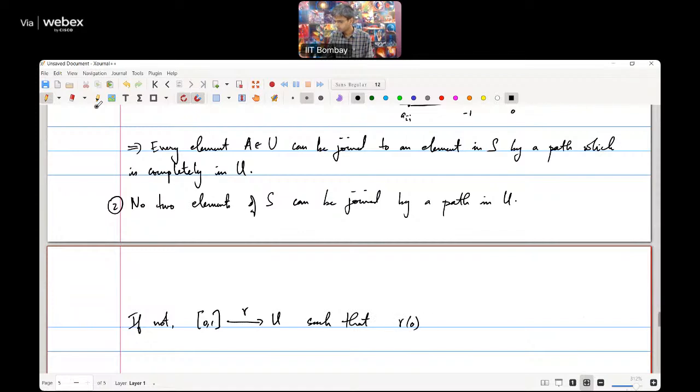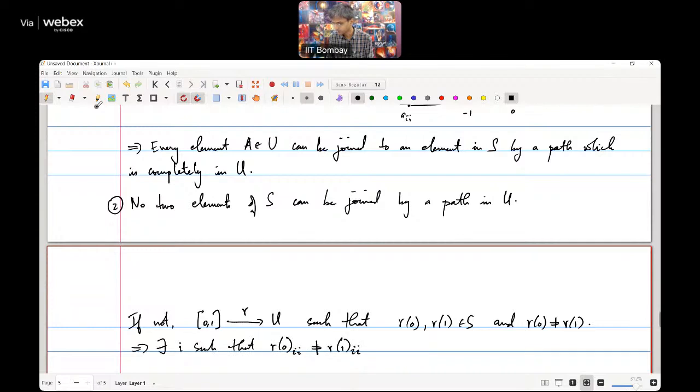such that gamma of 0 and gamma of 1 belong to S, and gamma of 0 is not equal to gamma of 1. Now remember what S is: diagonal matrices with all entries plus and minus 1. Since gamma 0 is not equal to gamma 1, it follows that there exists some i such that the ith diagonal entry of gamma 0 is not equal to that of gamma 1.